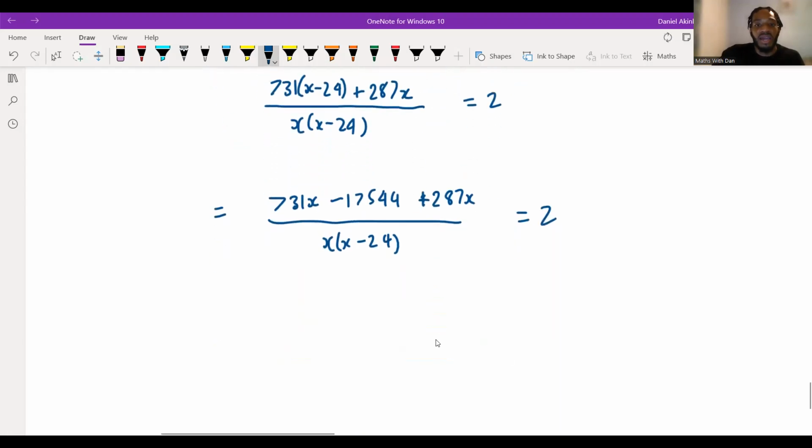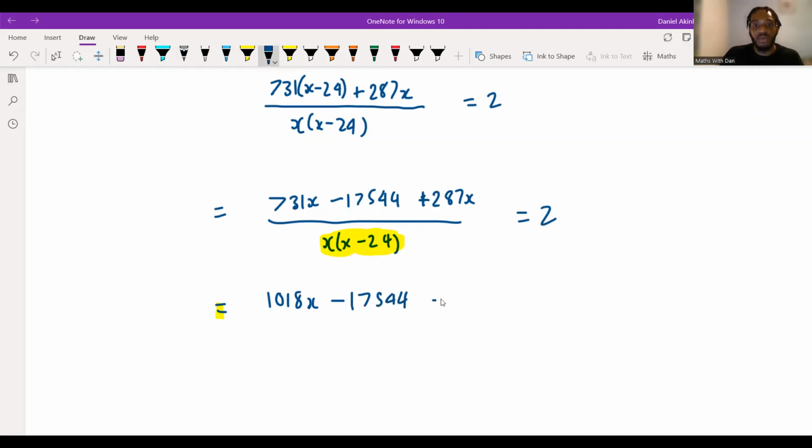Now I can multiply both sides by this denominator, because that way I'll get rid of the fraction and be able to move things around. On the top, I can simplify this: 731 plus 287, which is 1018. So 1018x, and then minus the 17,544.